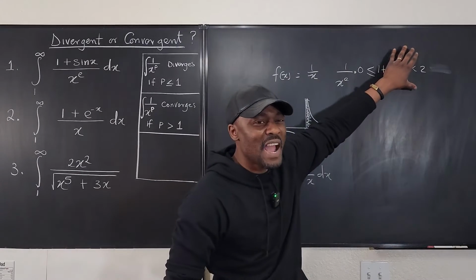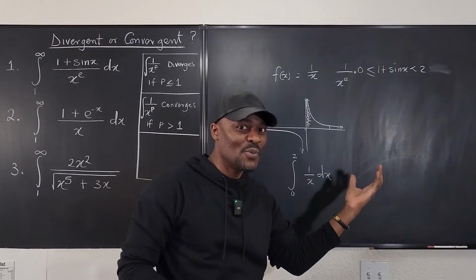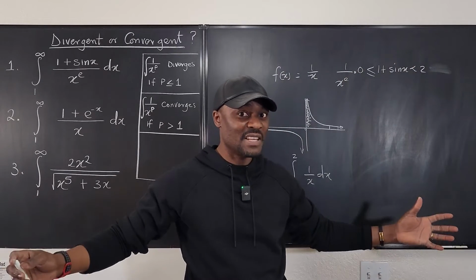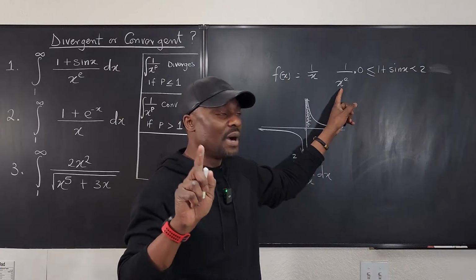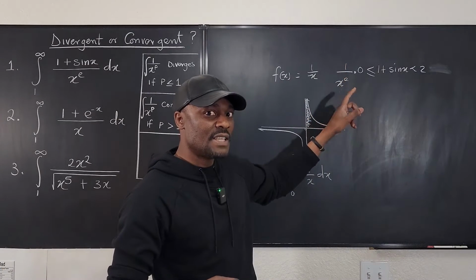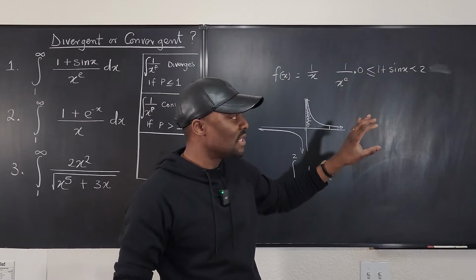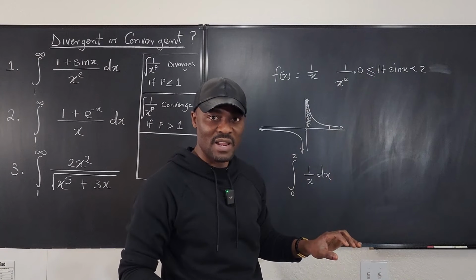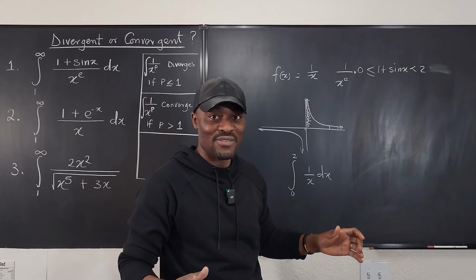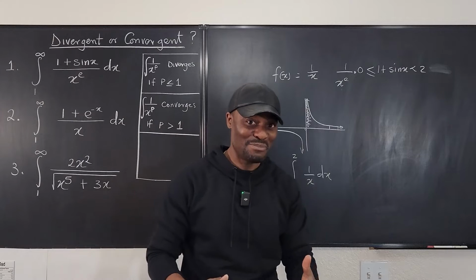So you have a finite value combined with something that gets infinitely large in the bottom, and 1 over infinity goes to 0. So it looks like this should be convergent and this should be convergent, right? We don't know. So that's the problem.